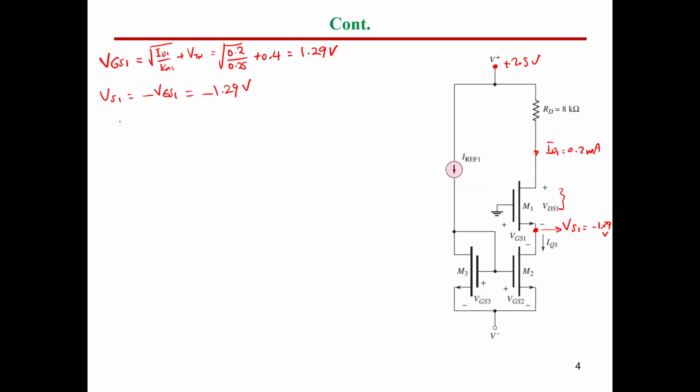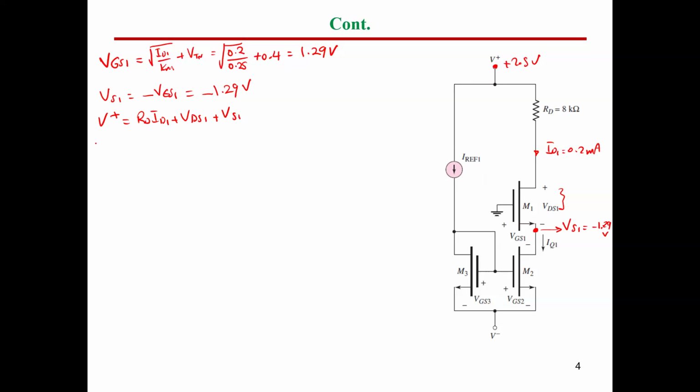So let's write the relation firstly. V plus, which is VDD 2.5, equals RD times I drain 1 plus VDS1 plus this volt, which is VS1.